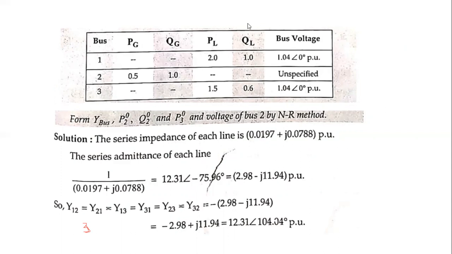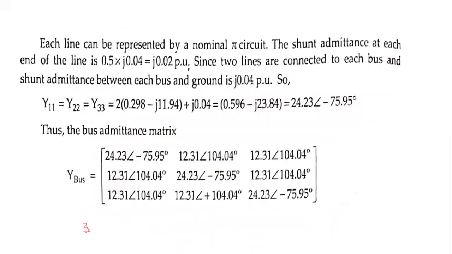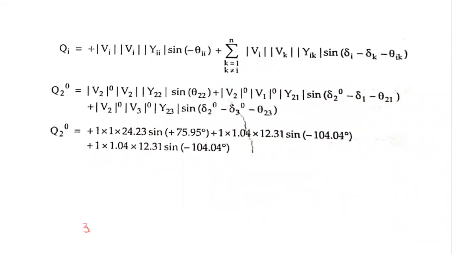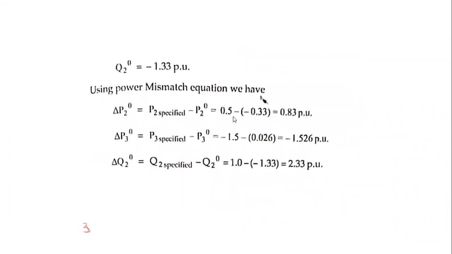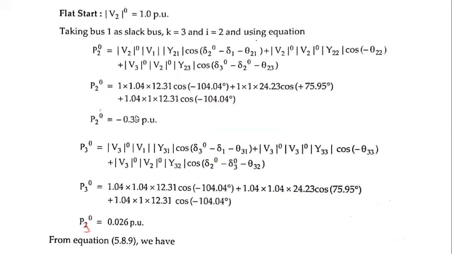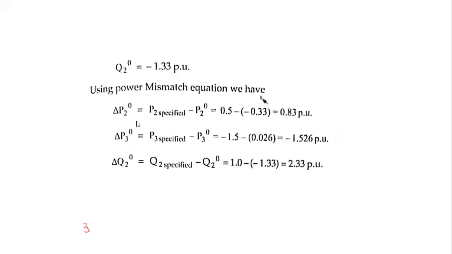P2 specified is 0.5. So 0.5 minus of minus 0.33, where P2 power 0 is determined by using this formula, minus 0.33.